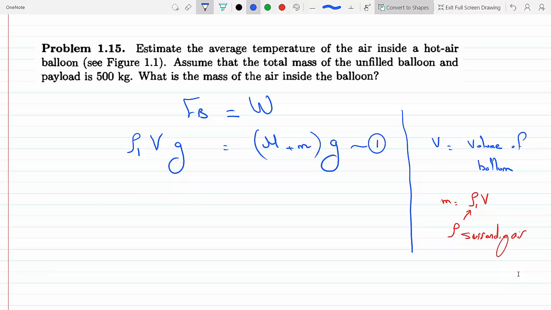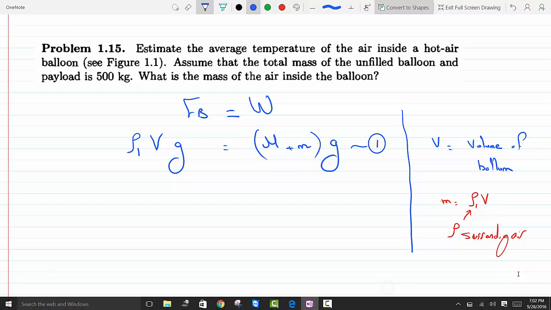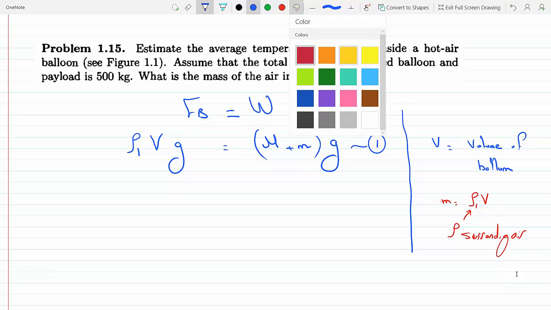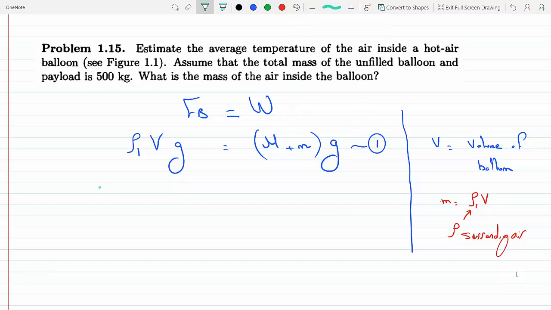Okay, now we need to relate this to temperature. So small m is the mass of the air inside the balloon. We know that the mass of air inside the balloon is equal to the rho on the inside.